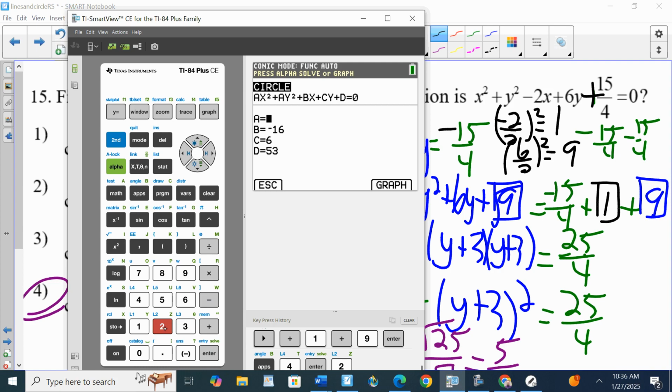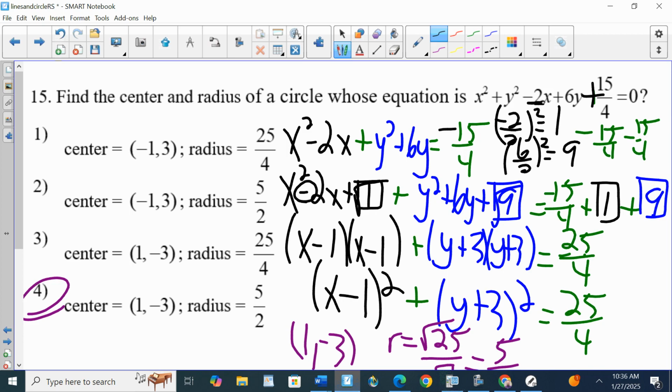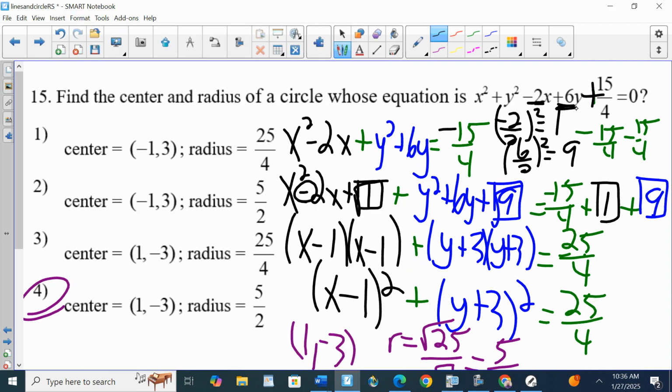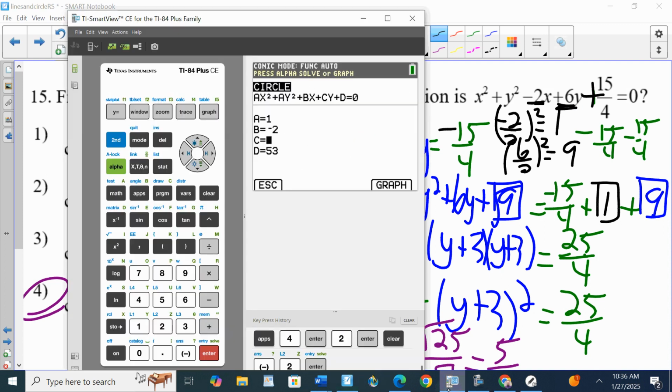A is what's in front of x squared and y squared. That's 1. It's always 1. B is what's in front of the x. That's negative 2. C is what's in front of the y. That's 6. D, be careful with D. It says plus D equals 0.